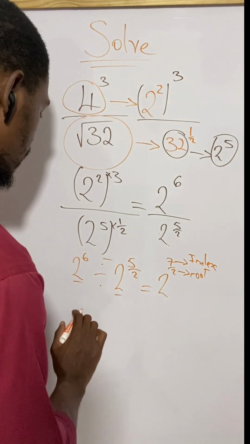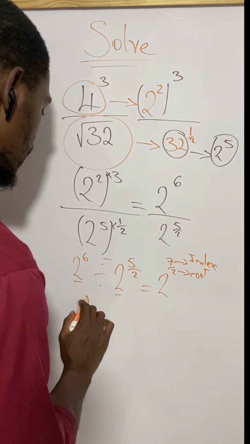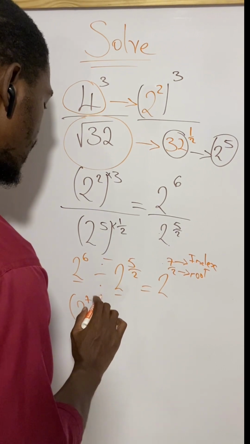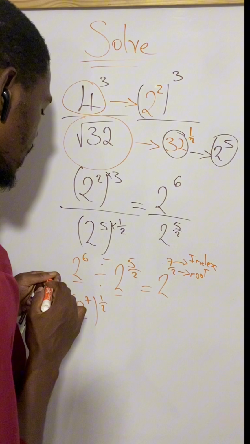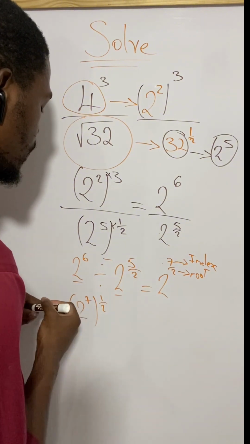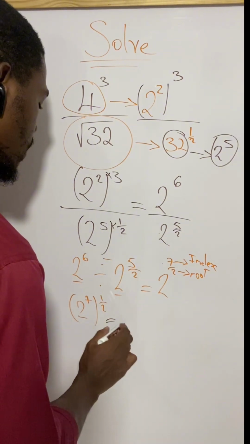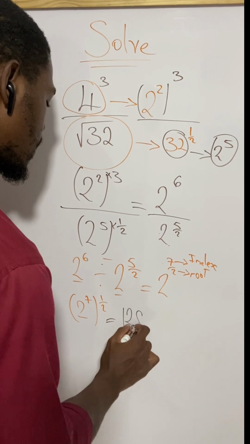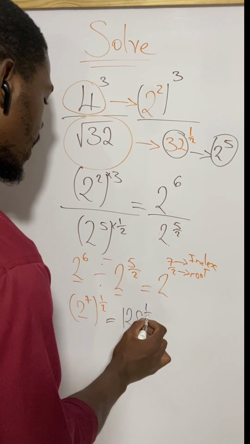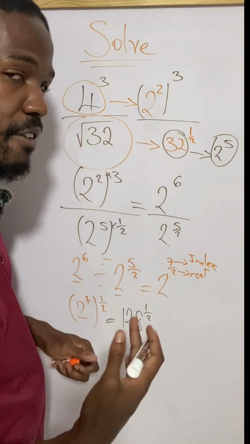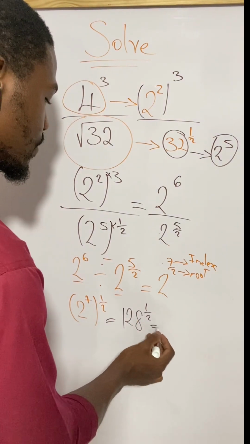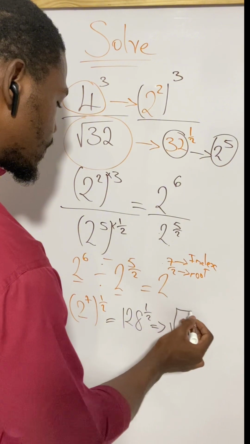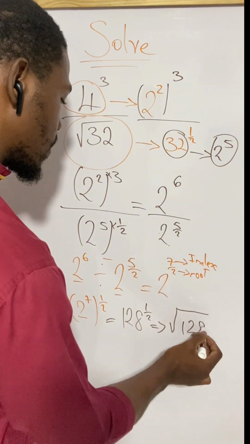We're finding the root of 2 to the power of 7. We know 2 to the power of 7 is going to give me 128, and finding the half power, the index to the power of a half, it would be written as the root of 128.